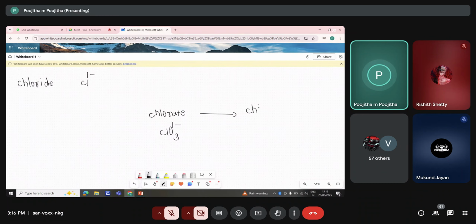Now chlorite, for ATE and ITE, what should I do? Remove one oxygen. Correct? So ClO2 1 minus is chlorite. Then you have hypochlorite. When you see the word hypo, you should remove one more oxygen.